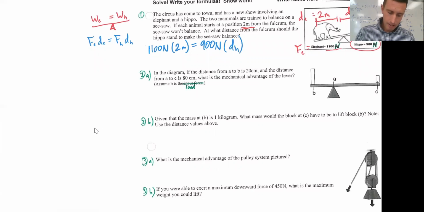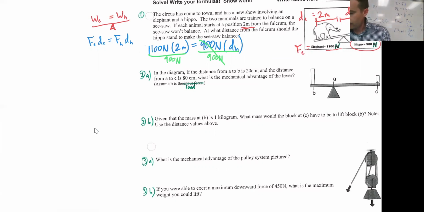There you go. To get the distance by itself, I have to divide both sides by 900 newtons. That'll cancel, and I'll be left with 1100 times 2 divided by 900.